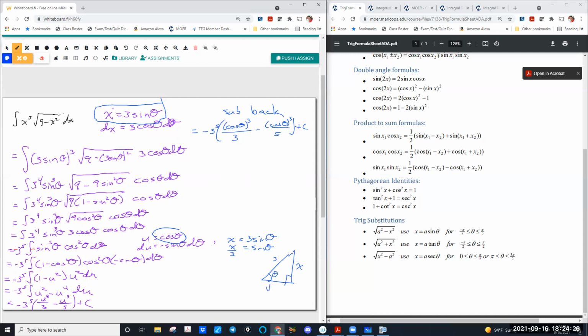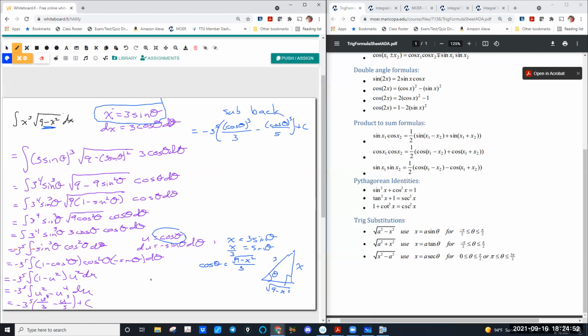Pythagorean theorem tells me this is going to be the square root of 9 minus x squared. This should look familiar. Look at what we started with. So that tells me that then cosine of theta, which is adjacent over hypotenuse, is the square root of 9 minus x squared over 3.